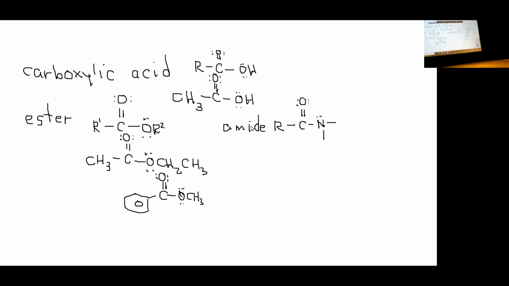This group R likewise can also be either a hydrogen or an alkyl group. So I guess the smallest amide would be H, C double bond O, NH2. That stuff happens to be called formamide. Well, I think you can already see the pattern. Formamide, formic acid, formaldehyde, all these guys have just one carbon. But again, you can build this up however much you like.